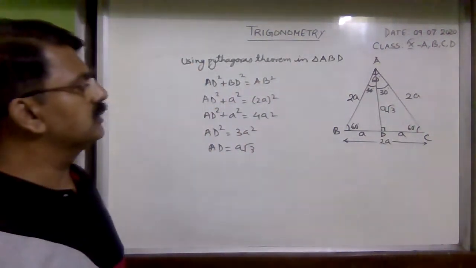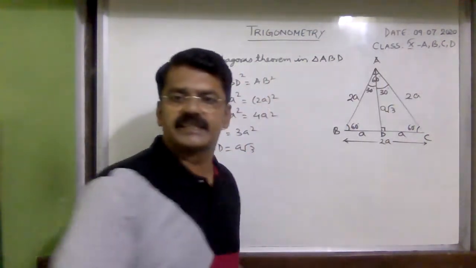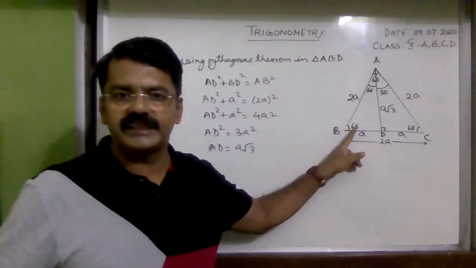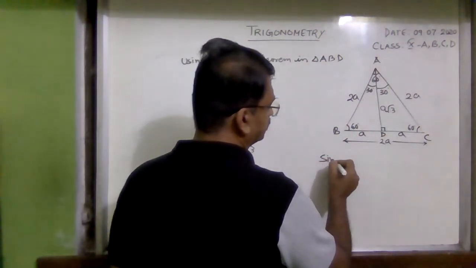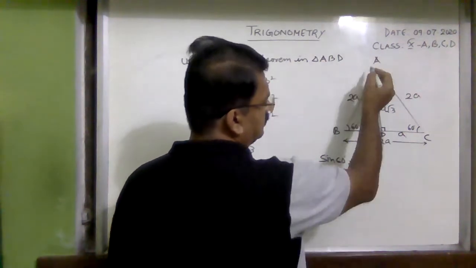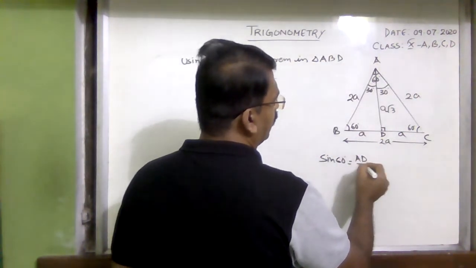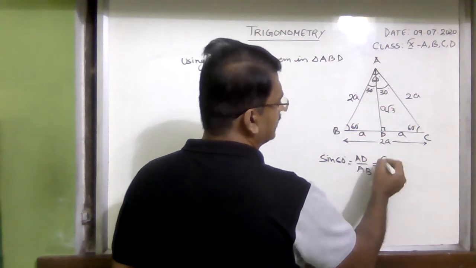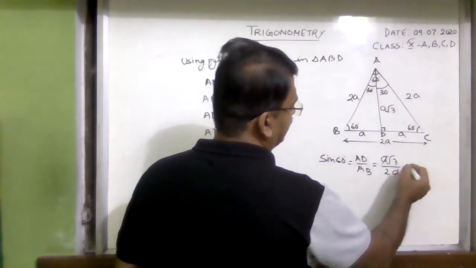Now you see, in triangle ABD, if I take 60 as the reference angle, then sine 60, that is perpendicular upon hypotenuse, AD upon AB, means a root 3 upon 2a, that is root 3 by 2.